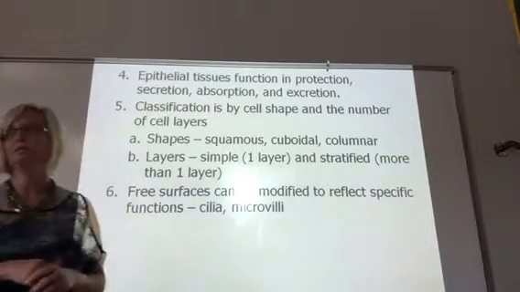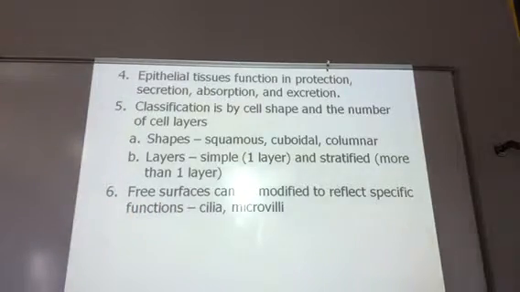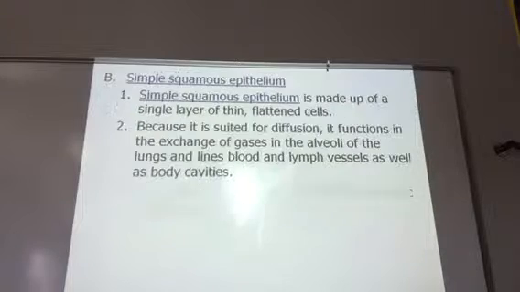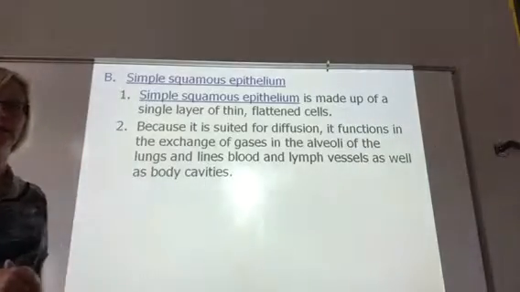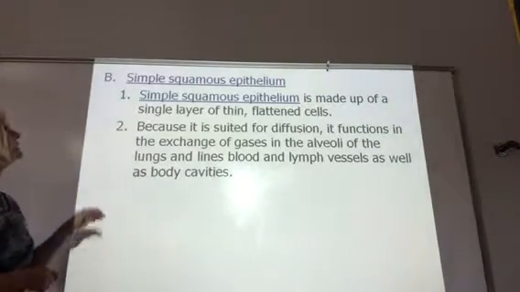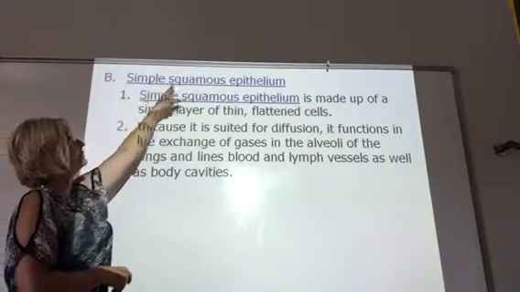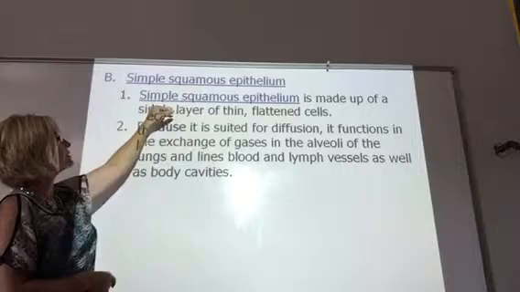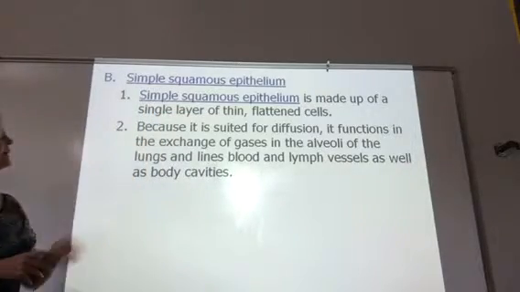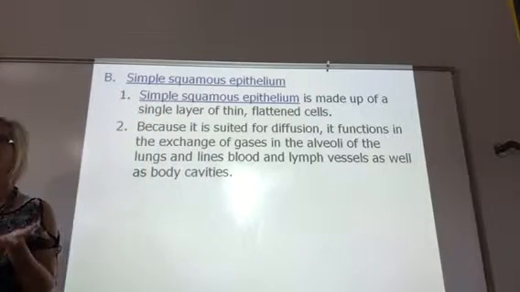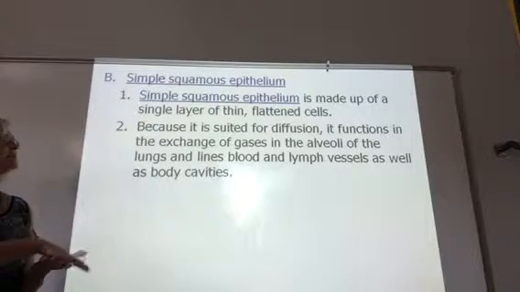So the free surface of an epithelial cell might have some specific little organs that have a specific function. So we'll look at the first type of epithelial cell, simple squamous. One layer, flat. So simple squamous is made up of a single layer of thin, flattened cells. The name tells me that.